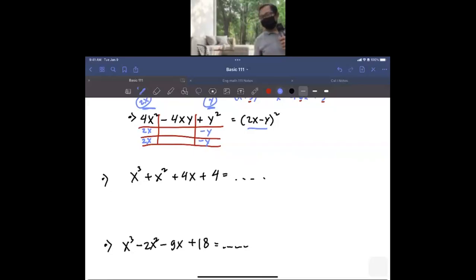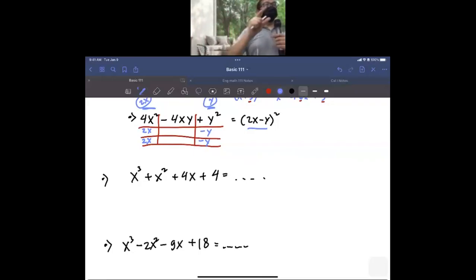In finding the factors, I think after maybe two chapters after this, we will learn more about polynomials and how to make out the factors using some division.